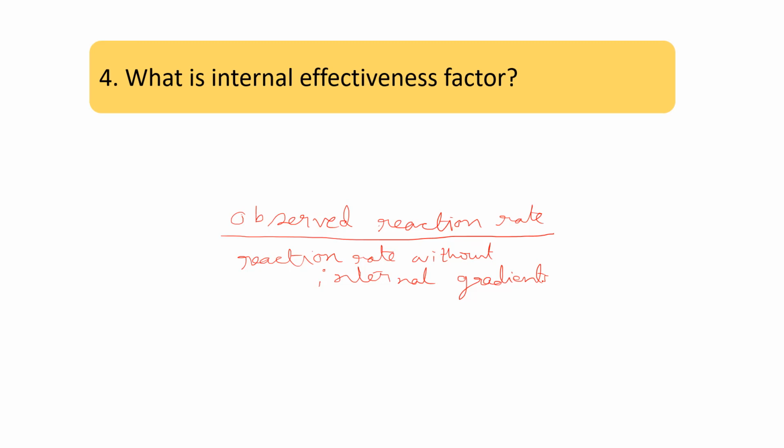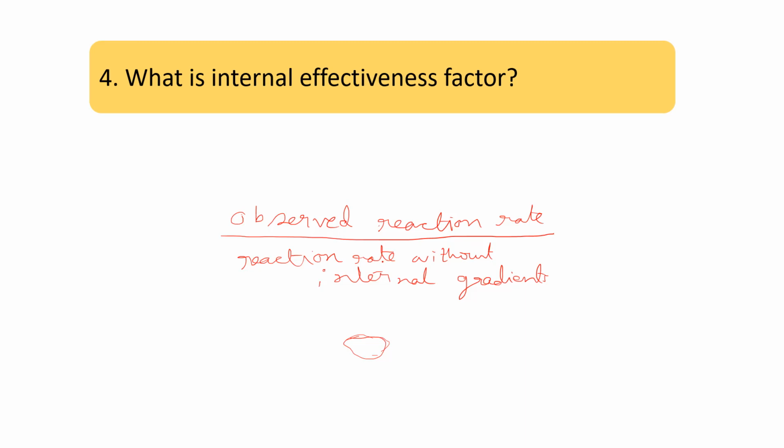That means observed reaction rate means the reaction happens at the active sites at different particle concentration. When heterogeneous catalysts are used, this kind of catalysts have some active sites where the reactions happen. In all of the catalyst particle, the reaction doesn't happen. It happens in particular active sites. So at those particular active sites, we are observing the reaction rate change. So this is the definition of the observed reaction rate.